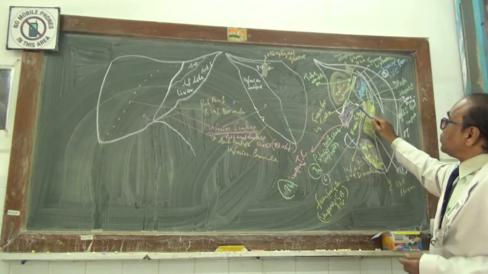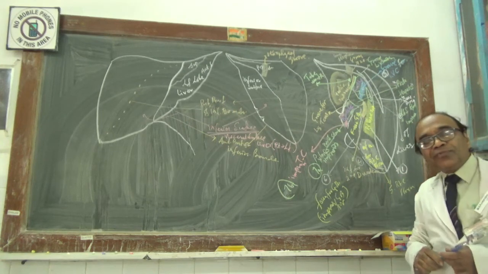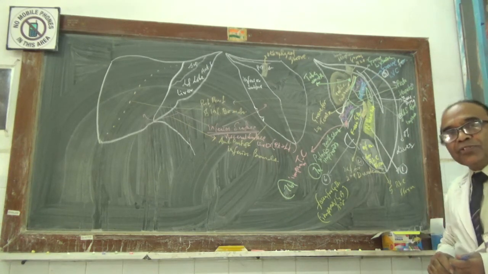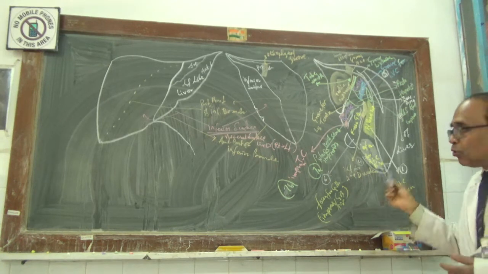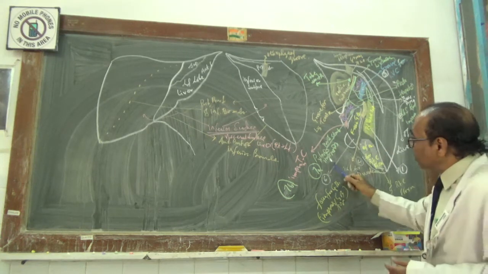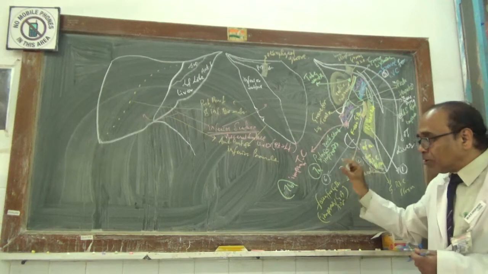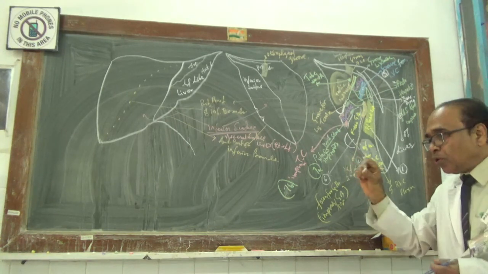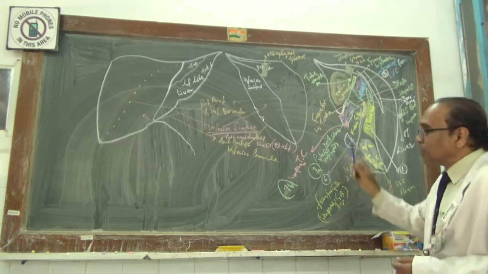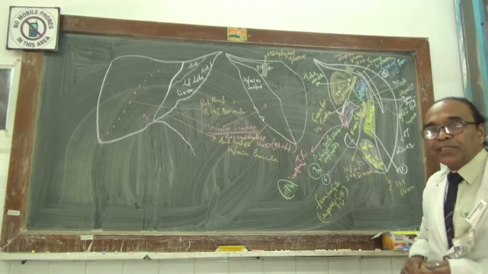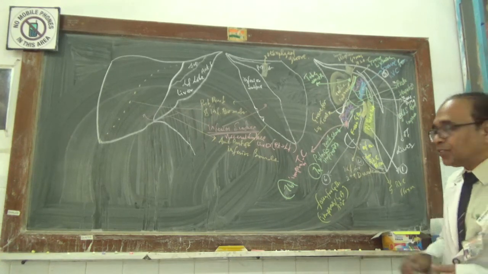So there will be an impression on the inferior surface of the quadrate lobe of the liver, which is present on the inferior surface of the right lobe of the liver, that is the pyloric impression. The pyloric impression is a short oblong-like impression, made by the pyloric part of the stomach.